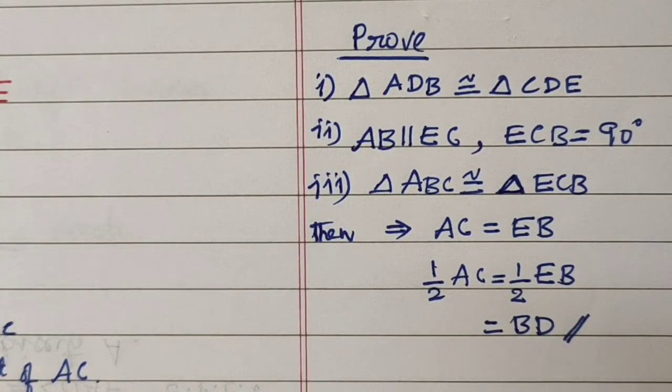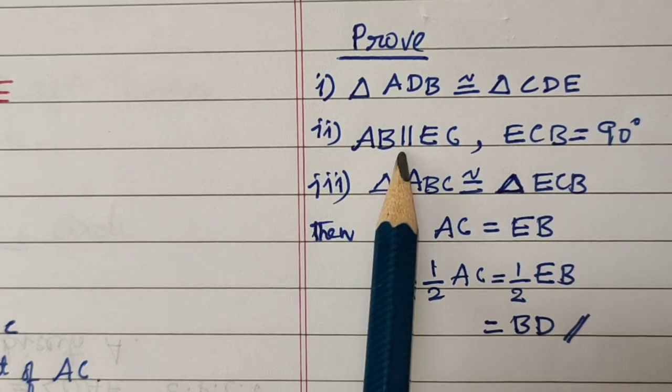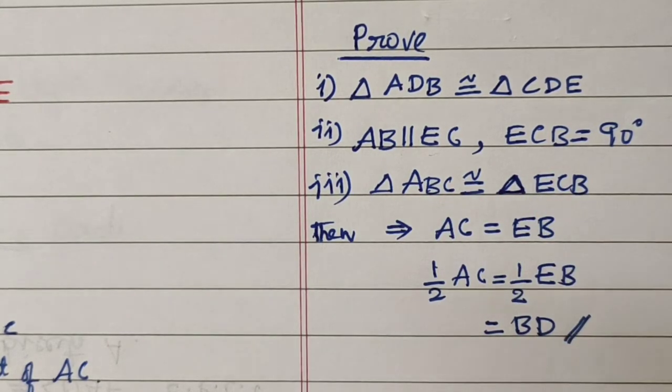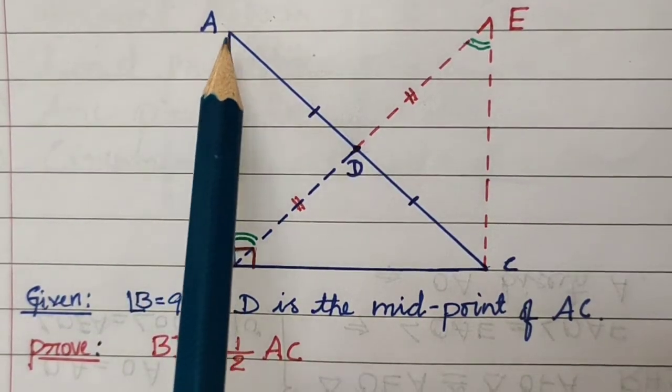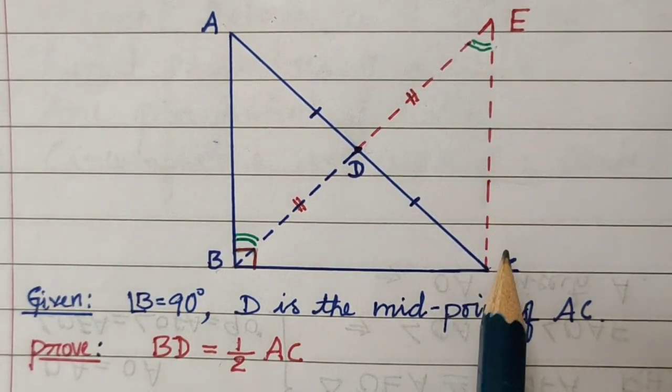In the next step, we need to prove that AB is parallel to EC and ECB is equal to 90 degrees.